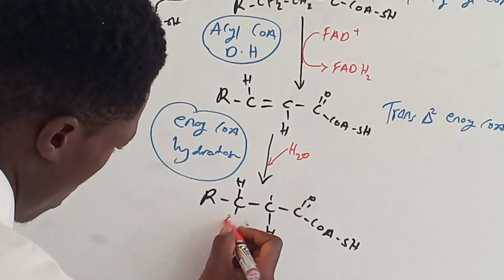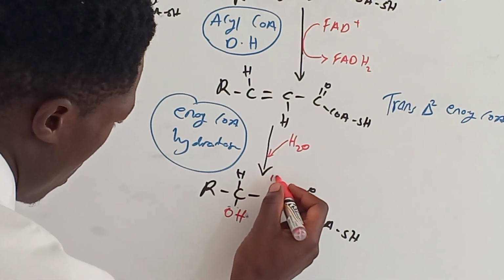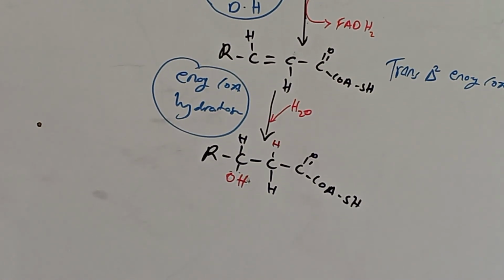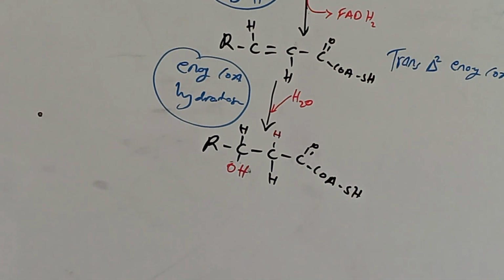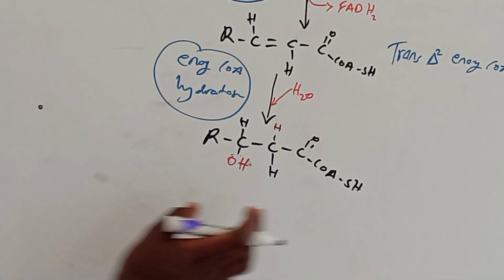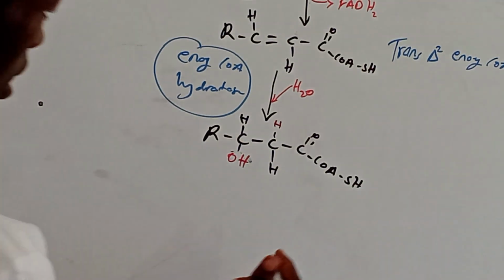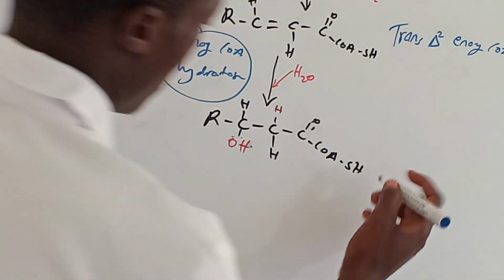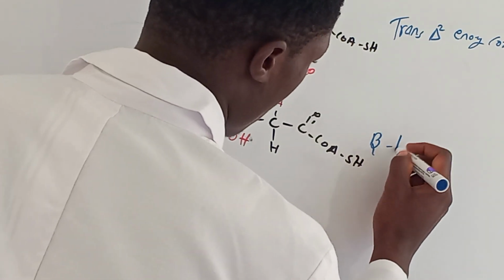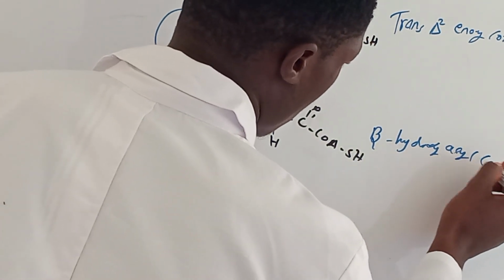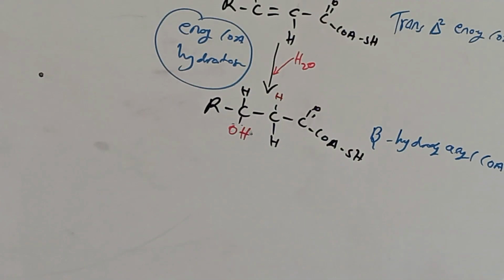We're going to have OH here and our hydrogen there. Now we get rid of the double bond because we have introduced molecules at the double bond. So this molecule here, this is the first carbon, alpha carbon, the beta, is going to be called beta hydroxy acyl CoA.